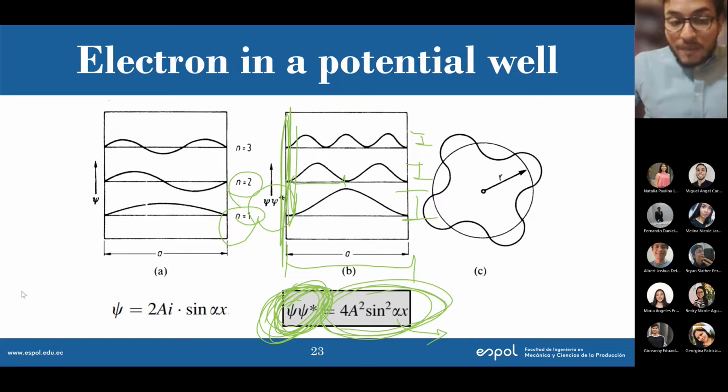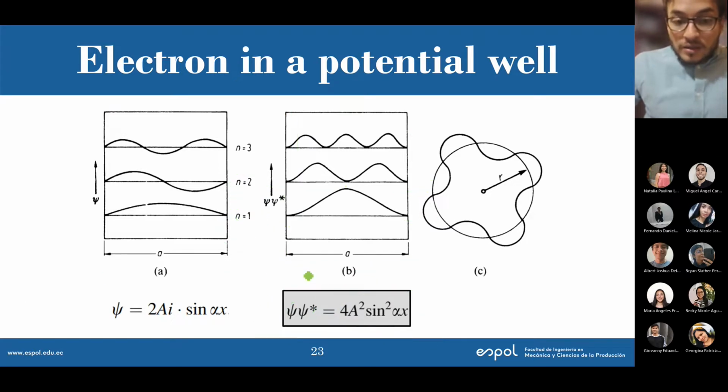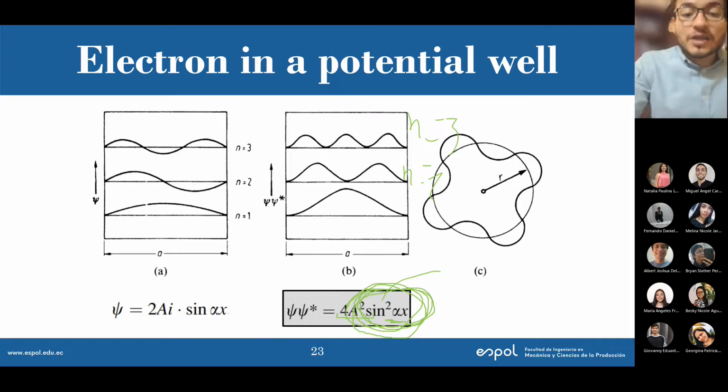That probability obviously depends on 4 and A squared, but also depends on this term, and this term depends on n, and n is changing. I have n equal 1, then in the next one n equal 2, and here n equal 3. That will affect the value of this term, and that will affect the value of the probability.